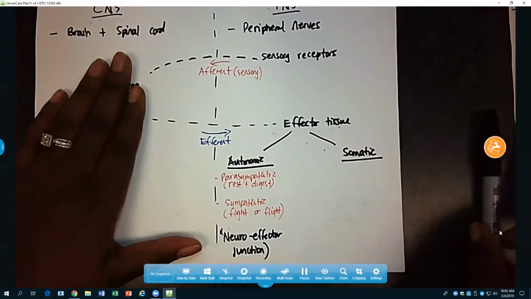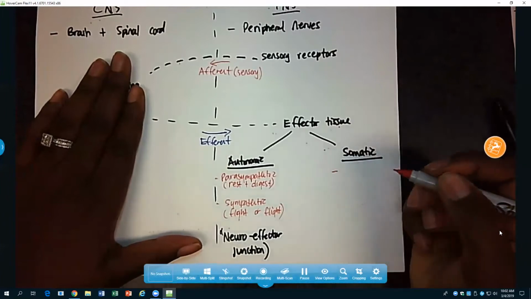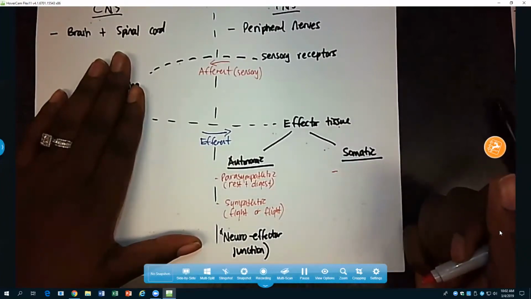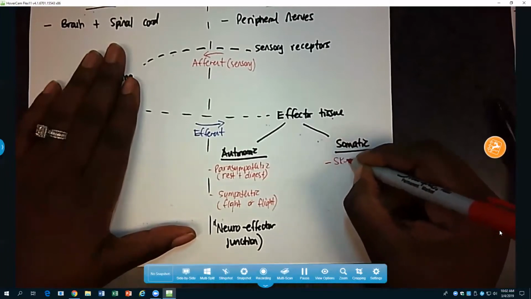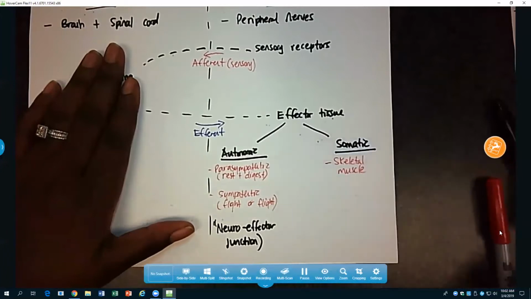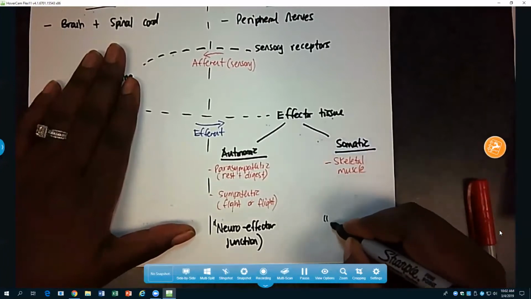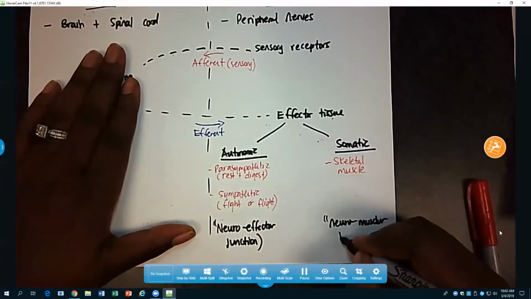On the somatic side, what was the name of this type of tissue? So this is our skeletal muscle. Right, and this is our neuromuscular junction. These are topics that we'll talk much more about.